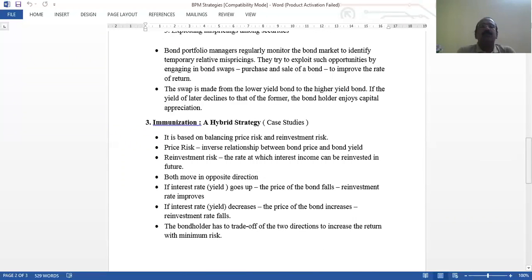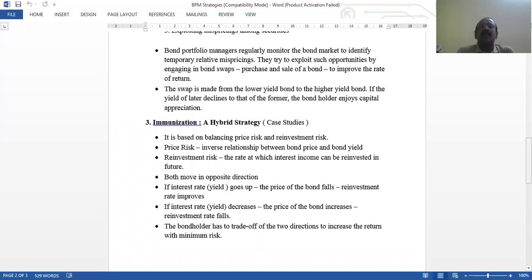Usually they buy lower yield bonds so that the price will increase, and they sell higher yield bonds. The swap is made from lower yield bond to the higher yield bond. The yield of the latter declines to that of the former.